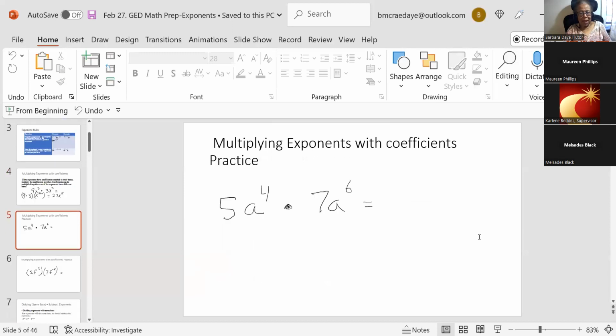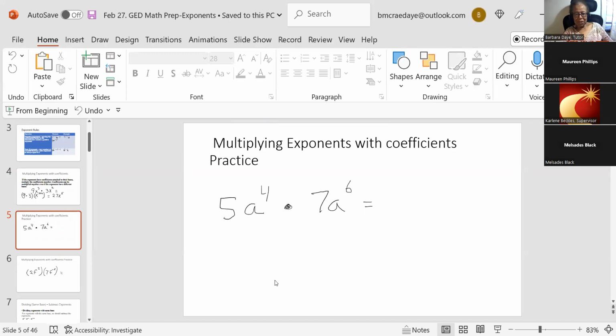Now, Maureen, this is one for you to do. What is the answer here? Tell me the answer and I will write it. We're multiplying exponents with coefficients just to practice here.